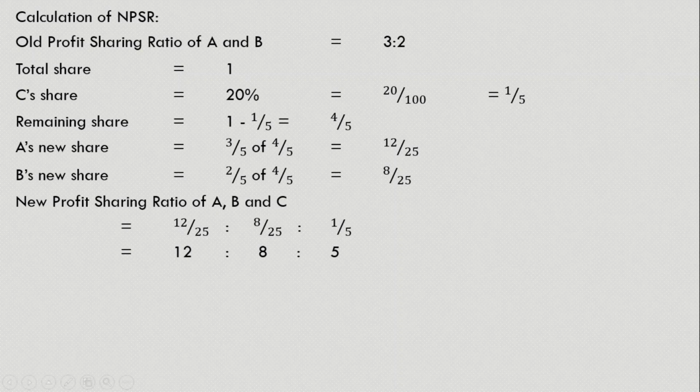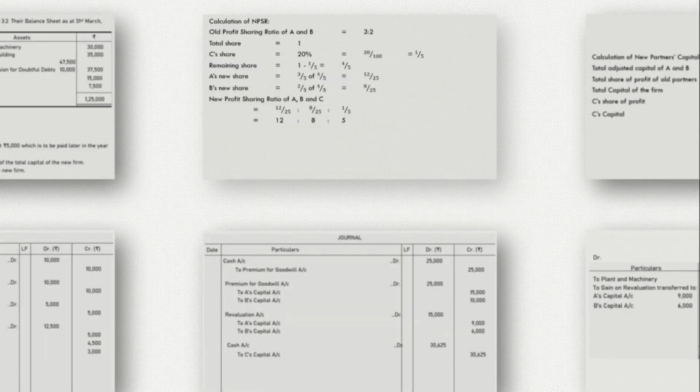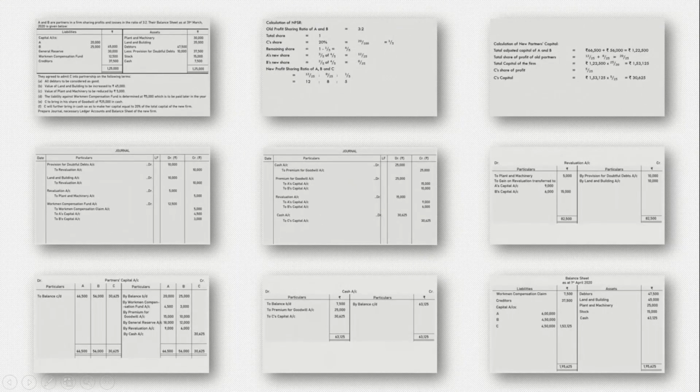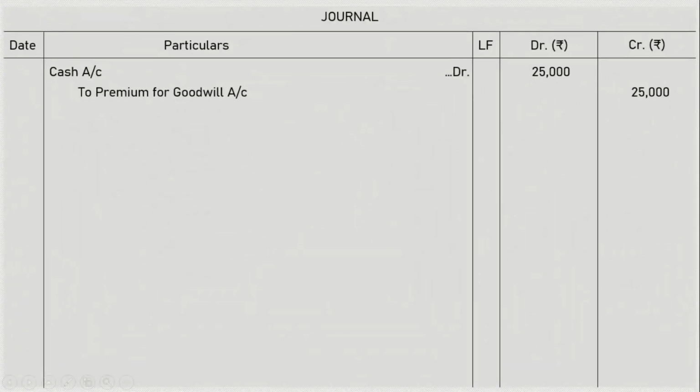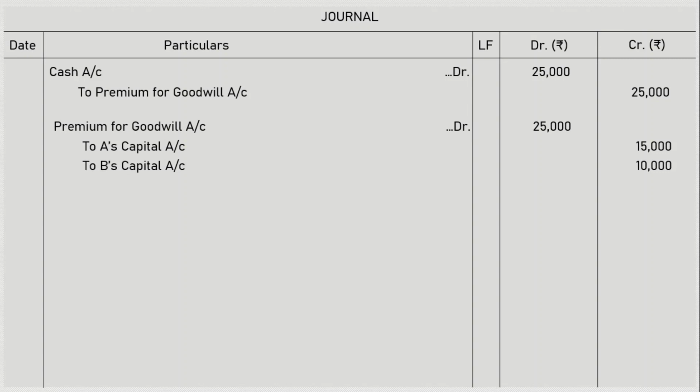So I know that the sacrificing ratio is 3:2. Let's go there and write it. Premium for goodwill account debit, to A's capital 25,000 into 3 by 5, to B's capital 25,000 into 2 by 5. We get 15,000 and 10,000.